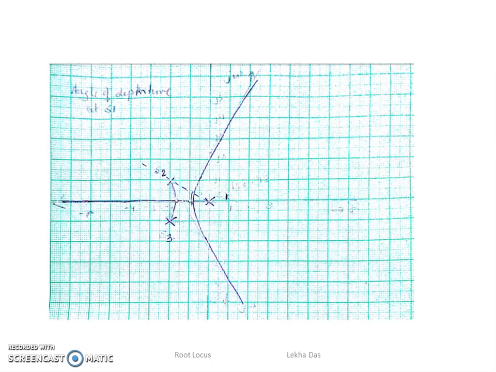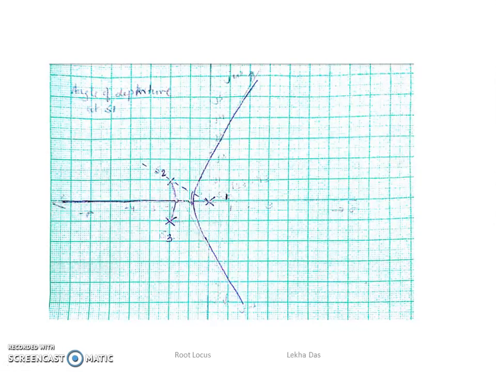To see the graph, minus 1.33 is your centroid. The angles of asymptotes are minus 60, minus 180 and minus 300.